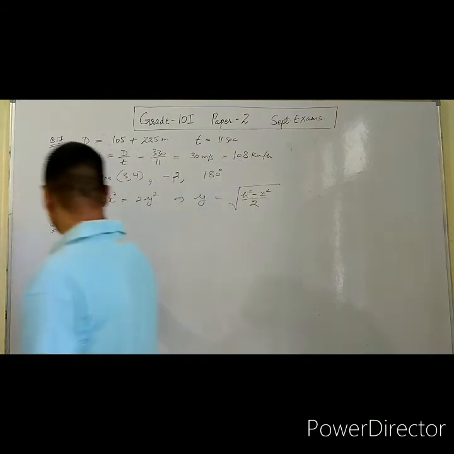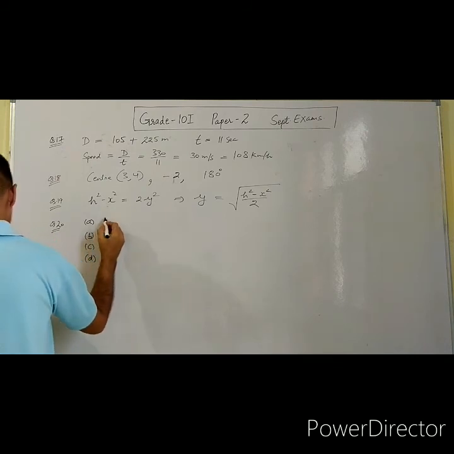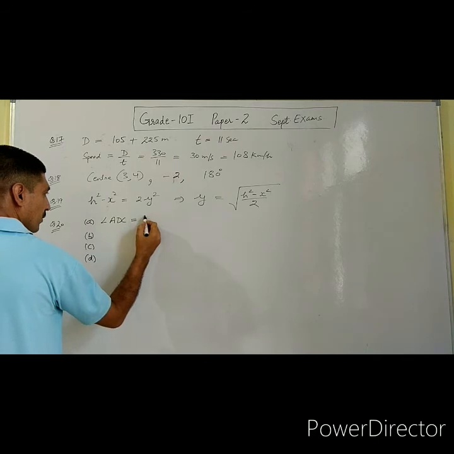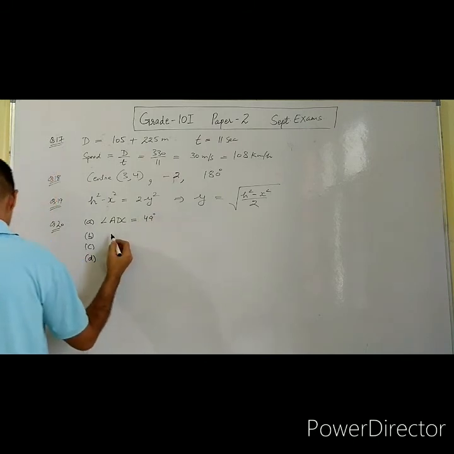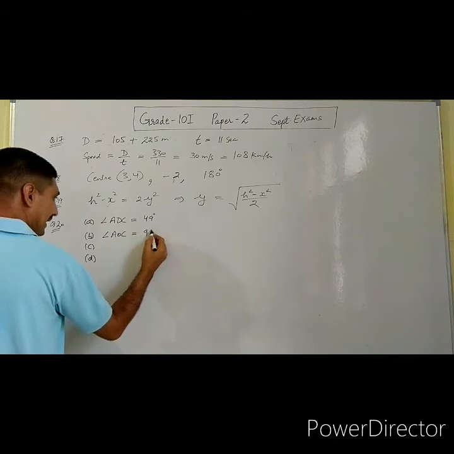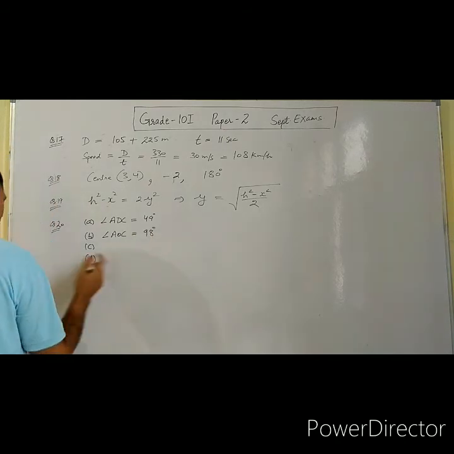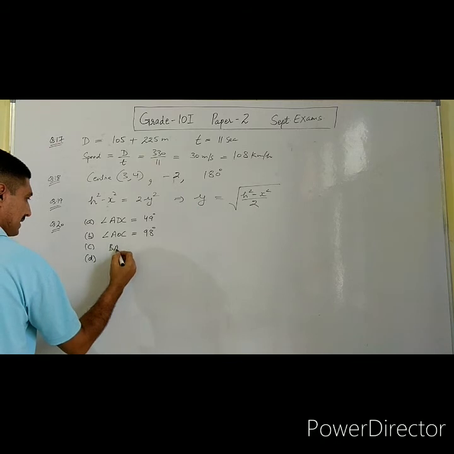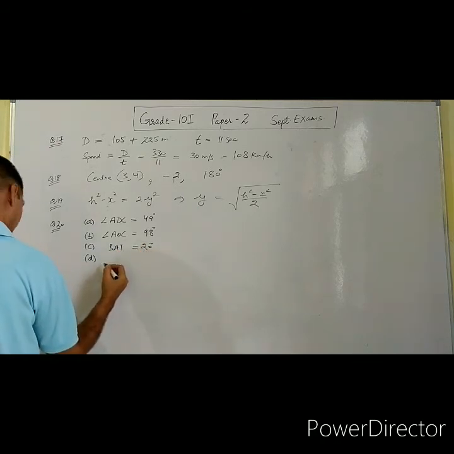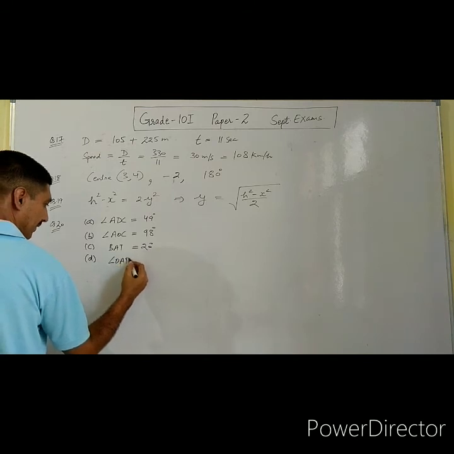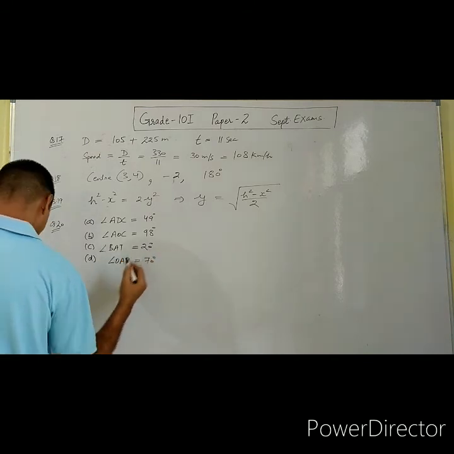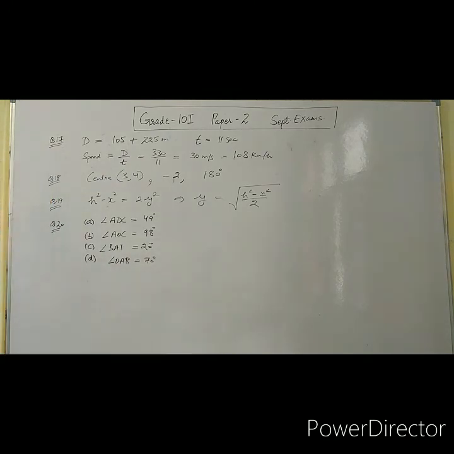So first, angle ADC, which is 49 degree, angle AOC, which is 98 degree, and angle BAT, that is 20 degree, and angle OAB, that is equal to 70 degree. So this is question number 20.